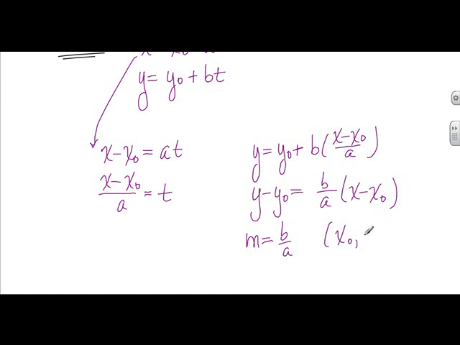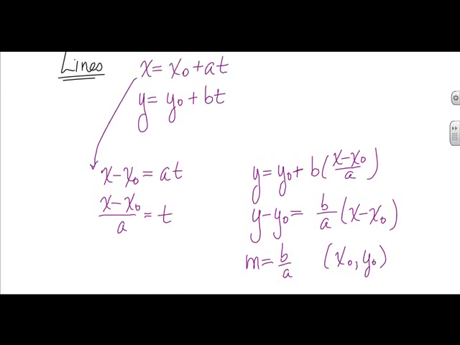So if you know the slope of your line and some point that the line goes through, the x and y coordinates for the point are going to be the constant values in your parametric equations. And then the slope is going to tell you what the coefficients ought to be for the t part of each expression. The top is the coefficient of t that goes in the y equation.